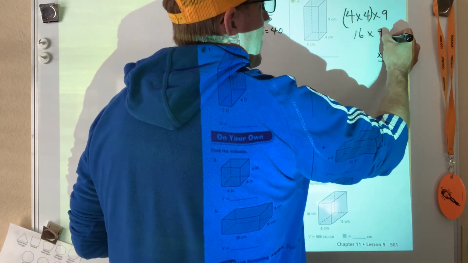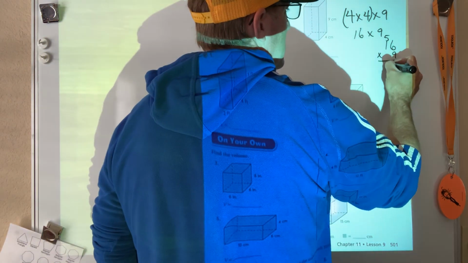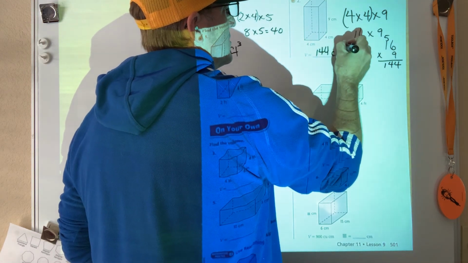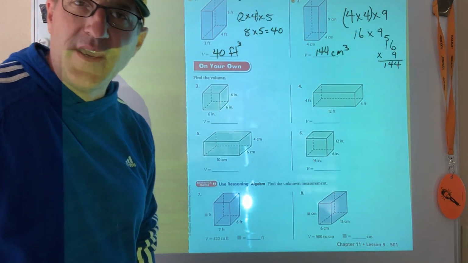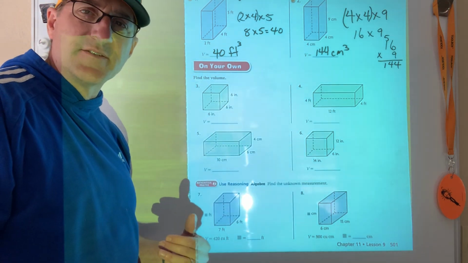Good. Put my 5 up here. 9 times 1 is 9, plus my 5, 14. So I get 144 centimeters cubed. Easy peasy, lemon squeezy. Okay, pause the video, do these, then come back and check your answers with me.